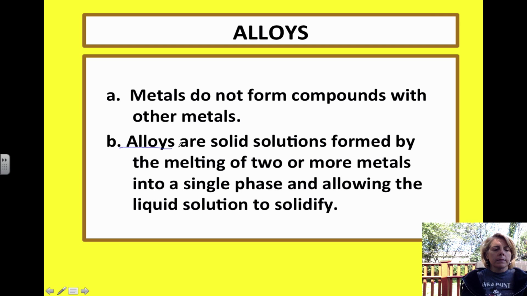Even my wedding ring, and I'll show you what it's made of in another slide. It's a solid solution. That solid solution has the melting of 2 or more metals, and they essentially form a solution. So if you cut that metal, you're not going to see layers. You're going to see a uniform mixture of 2 or more metals.